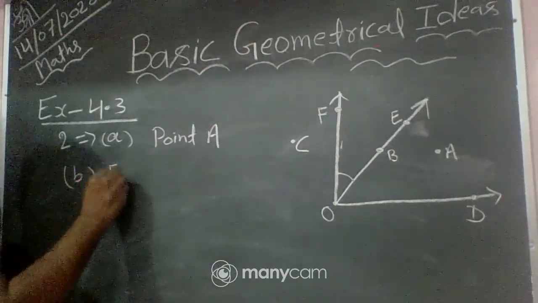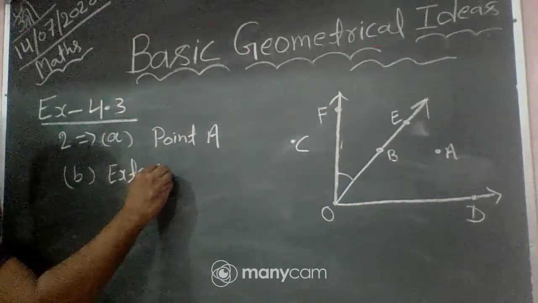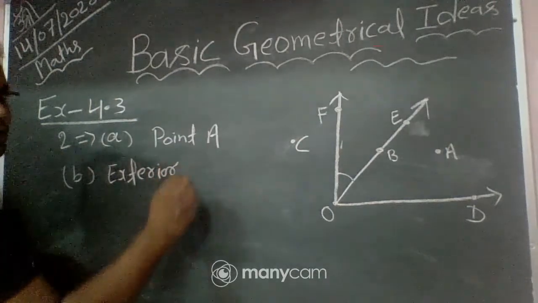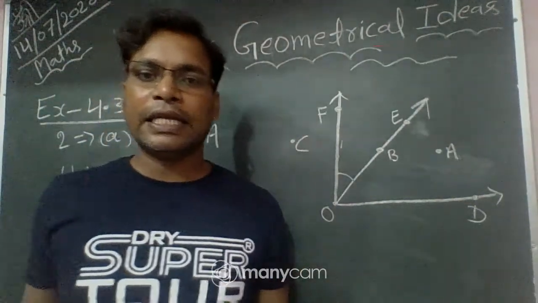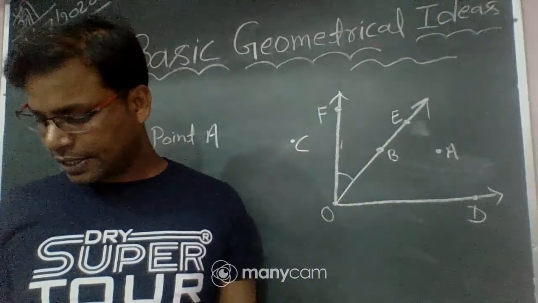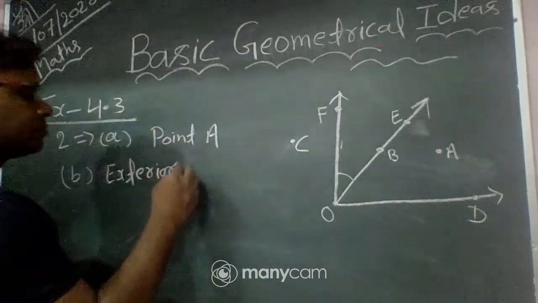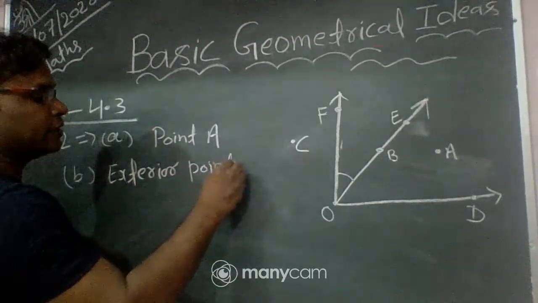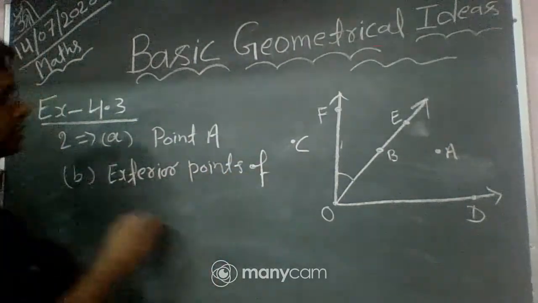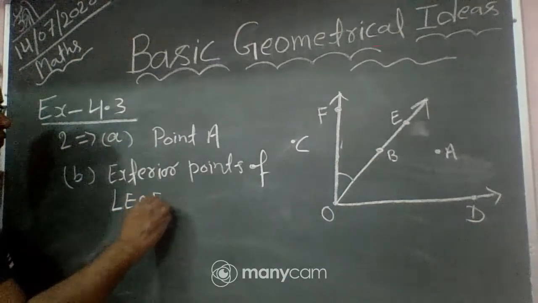So you can write the exterior points of this angle are A, C, and D. Which points will be the exterior points of angle EOF?